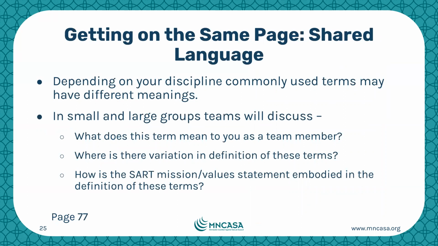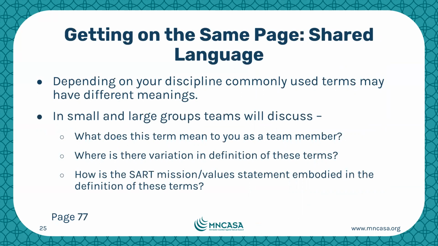One activity teams may do while the agency providing cases is reviewing the parameters is getting on the same page, developing shared language. Depending on a member's discipline, some commonly used terms may mean slightly different things.